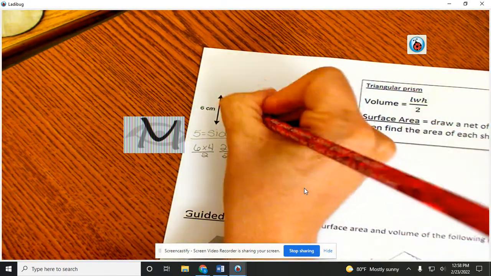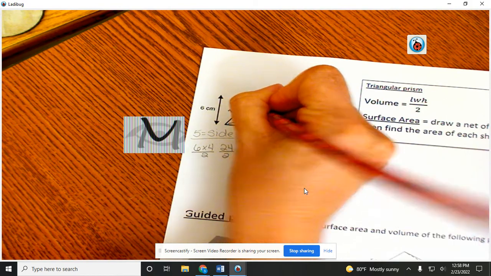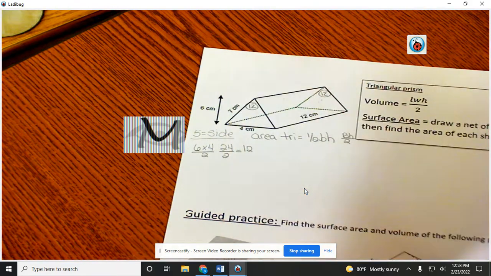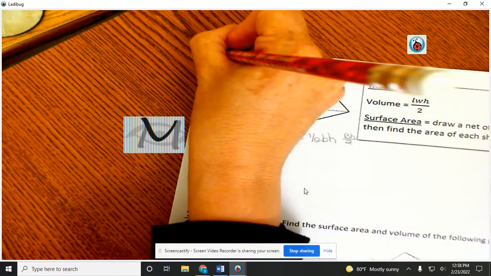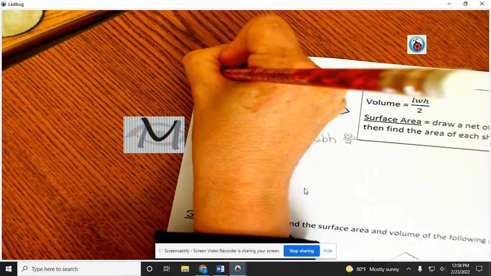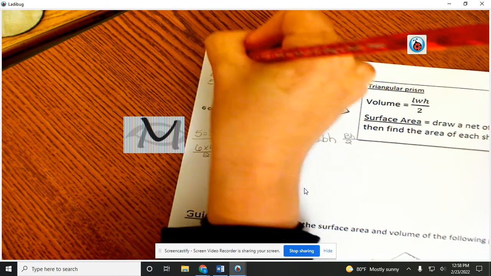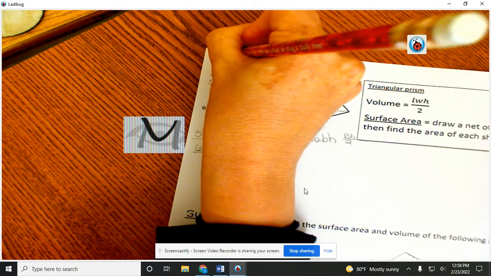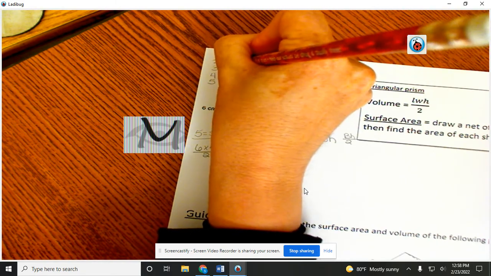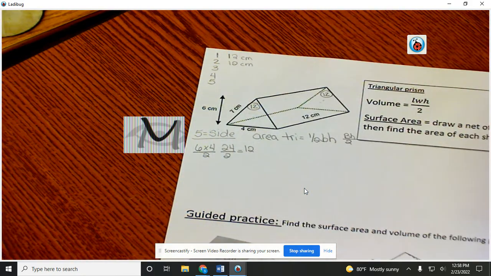All right, so we know this guy right here is 12. This guy over here is 12. We can even get as crazy as to label this up here because we know that we have 5 sides that we're looking for. So if we know that 2 of those sides are 12 centimeters, we can go ahead and even label it this way to break it down and make sure that we're not forgetting anything.